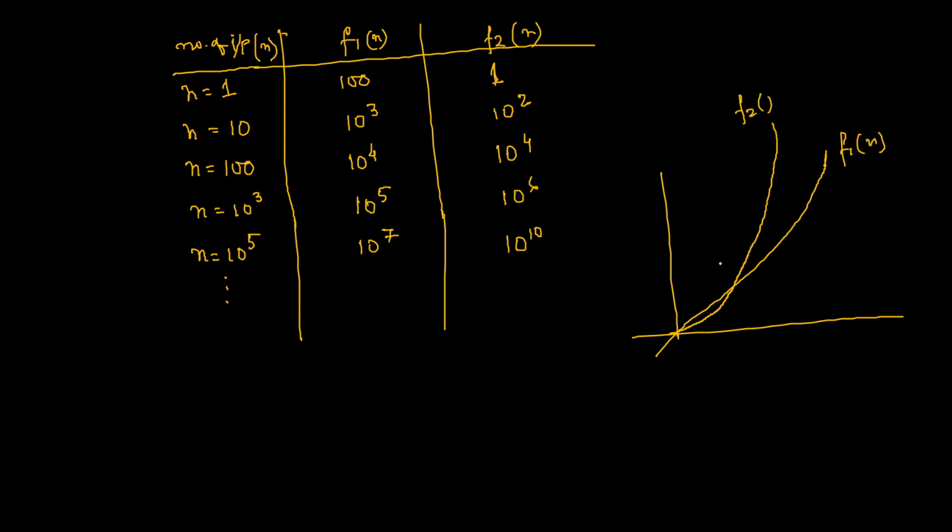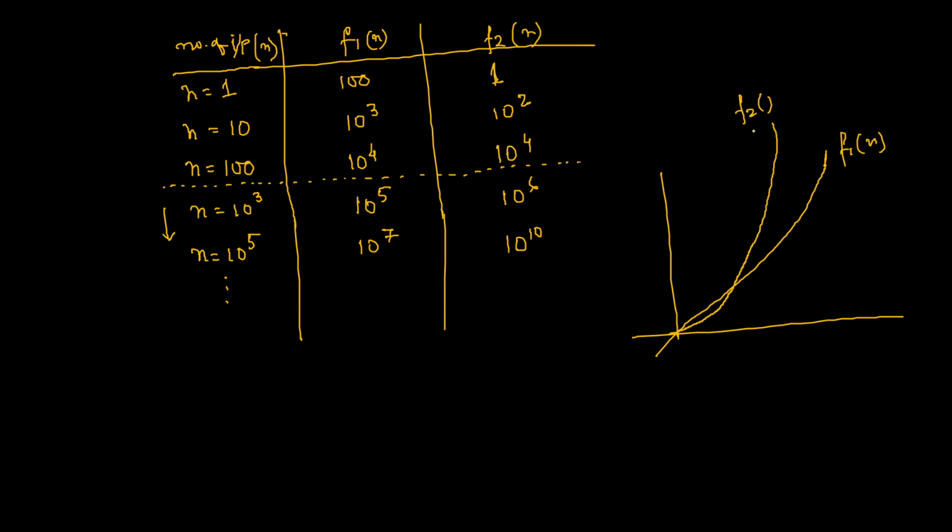Why have I drawn it like this? Because before n equal to 100, f1 was lesser than f2. At n equal to 100, they are equal. And beyond that, as n increases, f2 becomes very, very large compared to f1.